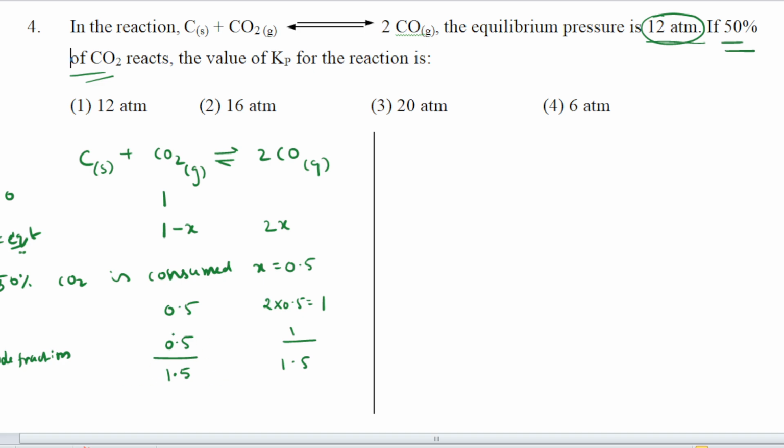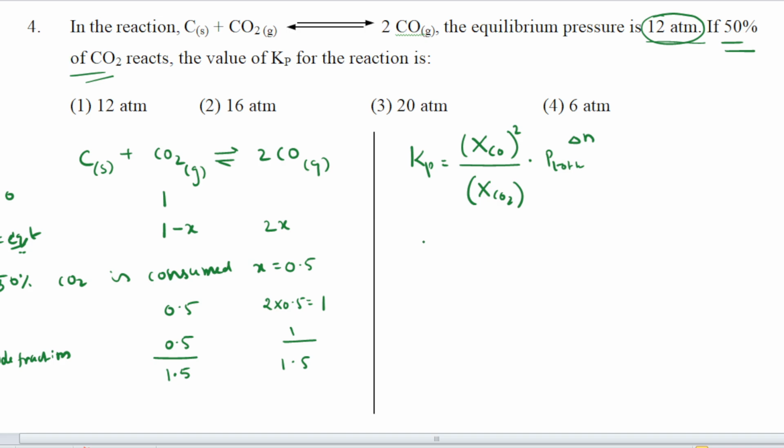So I am taking this directly into the formula, and let us write the formula for Kp, that is equal to x CO square, mole fraction of carbon monoxide square, divided by x CO2 into P total power delta n, where delta n is equal to 1.